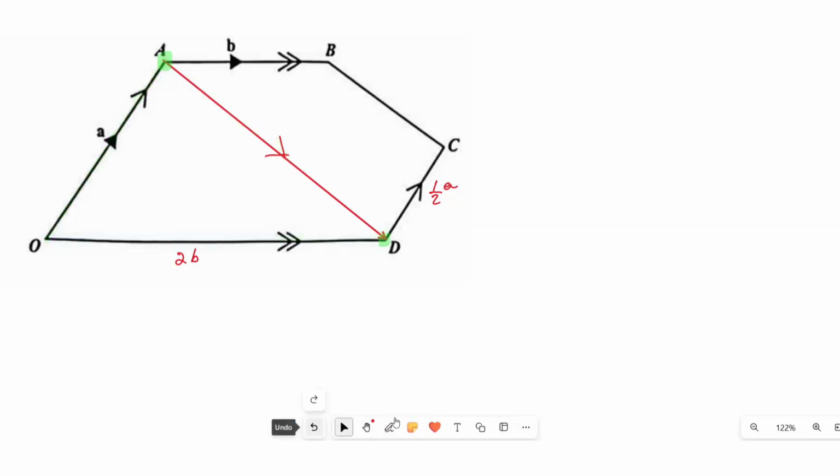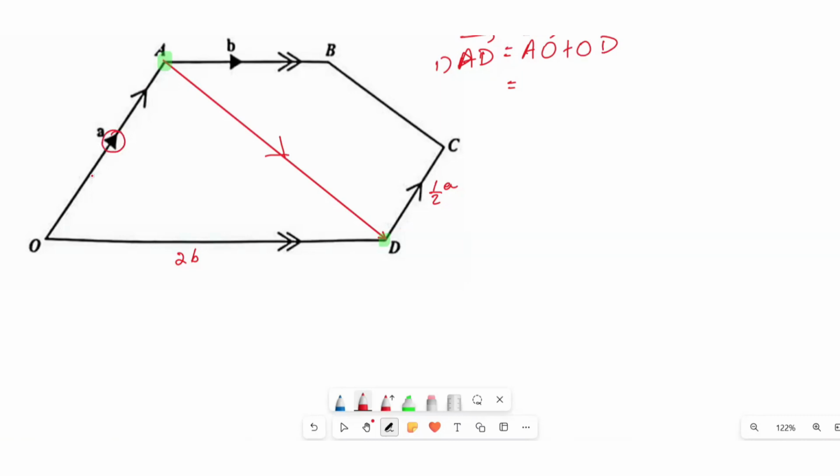So all we're going to do is to apply the triangular law. So here it is. The first question, we're looking at finding AD, and AD is to move from A to O, and then I'm going to pick up from O and go to D. Now, pay attention to the arrows that we're looking at. You do notice that this arrow is going that way, but I don't want OA.